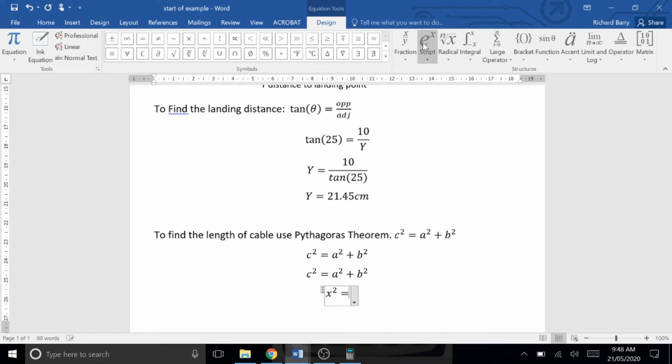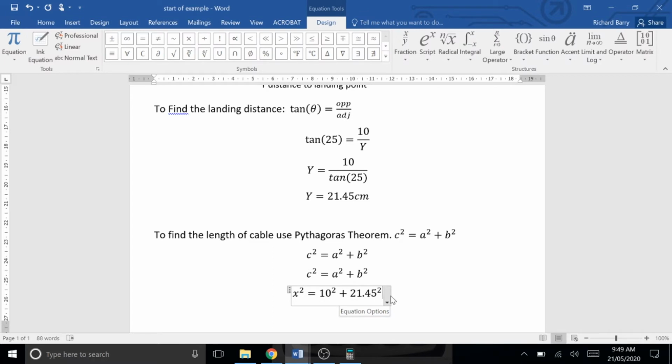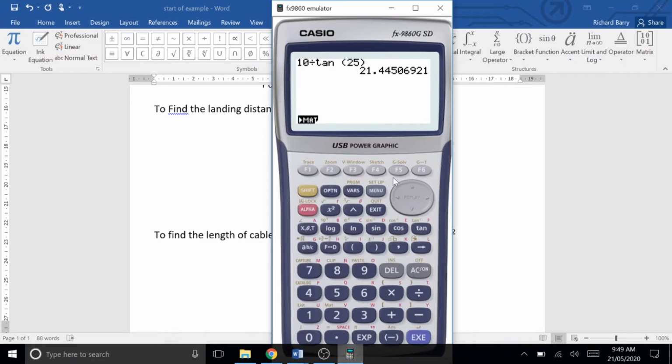Equals 10 squared. Arrow key to the next line. Plus another power run. 21.45 squared. Okay, here comes time for my calculator.